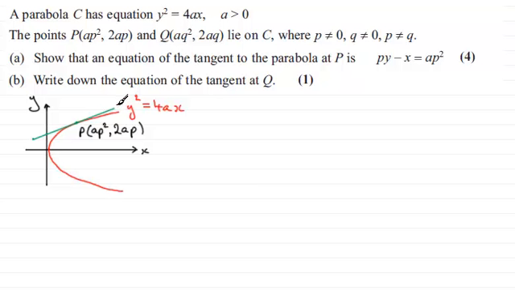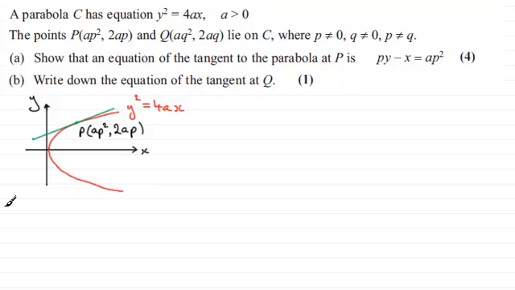So to get the equation of the tangent, all we need to do is differentiate the curve, find out what the gradient is at this point P, and then substitute this into the equation of the line in the form y minus y1 equals m bracket x minus x1. Standard method that we should be familiar with.